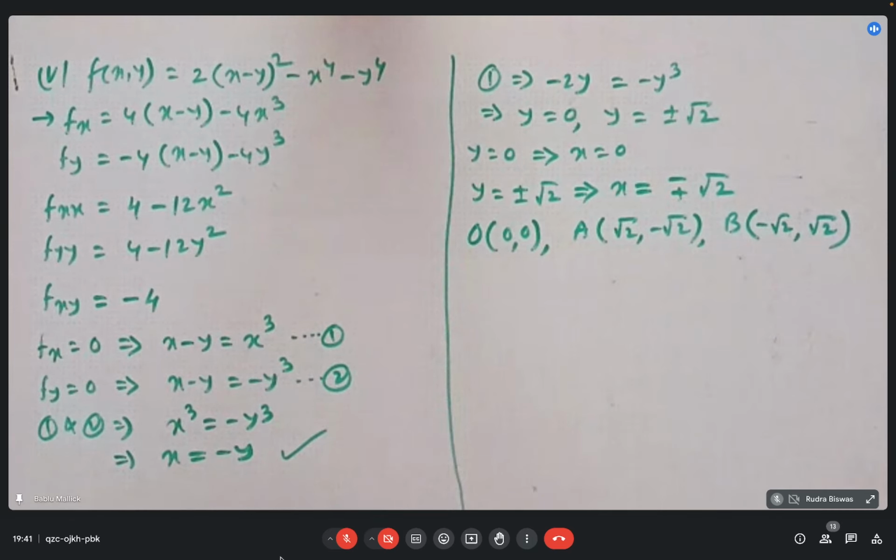At 0 0 point check, what are you getting? I shall do at 0 0 and you will do at A and B. So at 0 0 what are you getting?